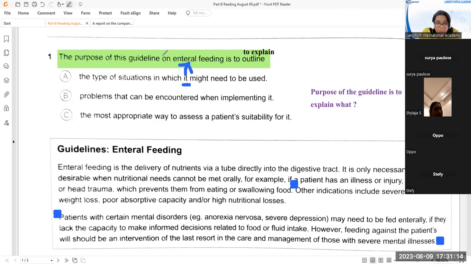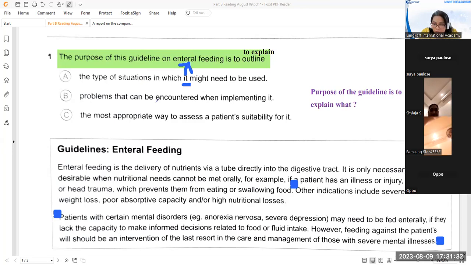So the purpose of the extract is to explain the scenarios in which we can give enteral feeding, what are the situations where you may need to use enteral feeding. Okay, all right.